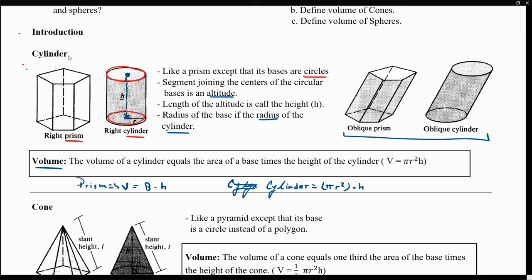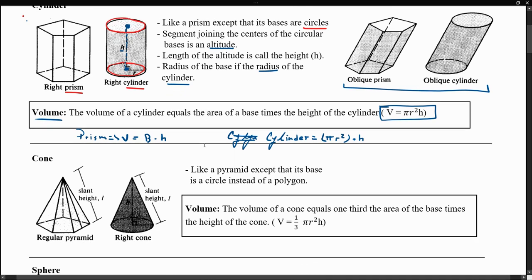So the volume of a cylinder is pi r squared times h. Remember that a cylinder is a prism, so it follows the formula for the prism. But since our base is a circle, instead of writing the area of the base, we can just write pi r squared, because that's how we find the area of a circle.